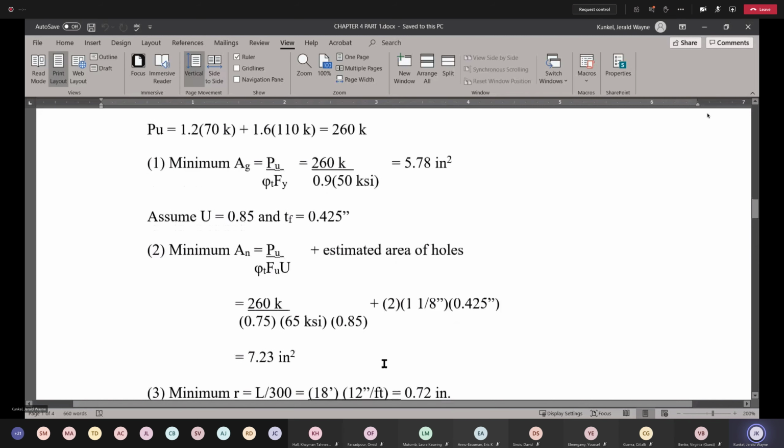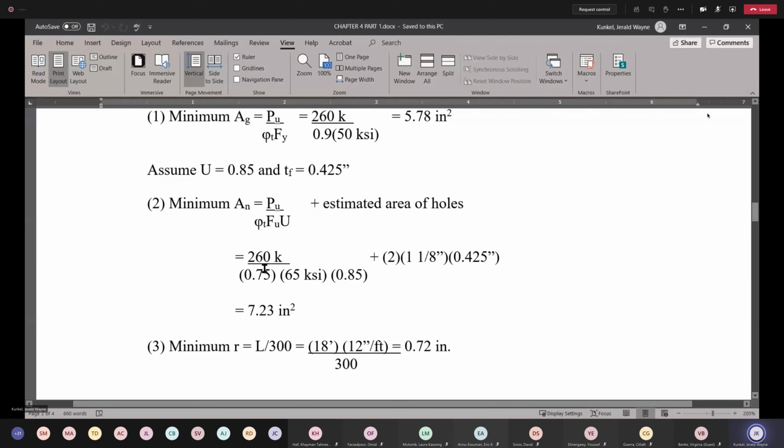So right here, we'll put the load in, 260. The 0.75 is the phi factor for that equation. The 65 is what we just looked up in the steel manual. The 0.85 is a rough value for U. That's probably pretty close.